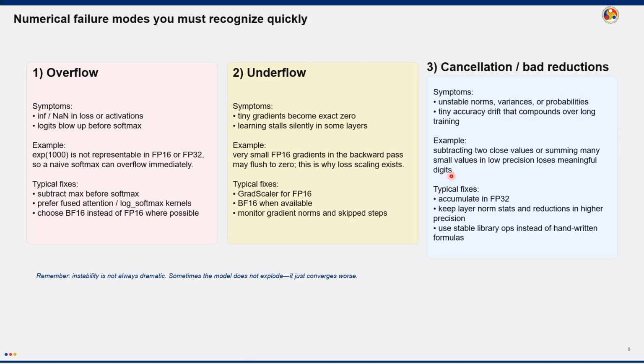The fix is to accumulate in FP32. That is why the gradient updates should happen in FP32, so that meaningful values don't get lost as precision shrinks.